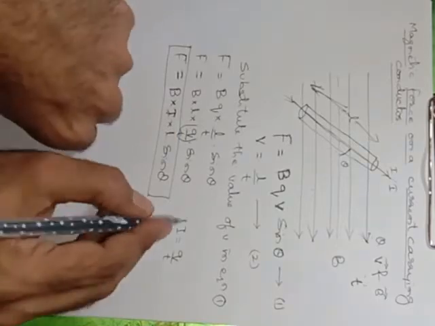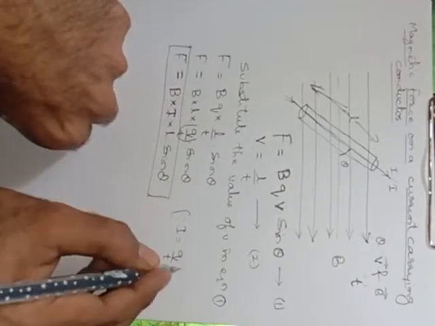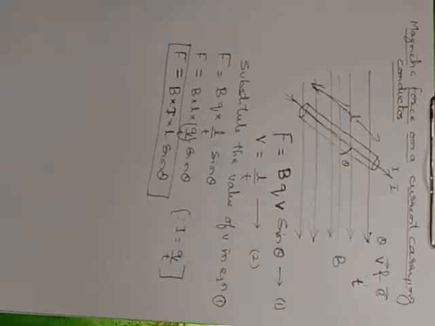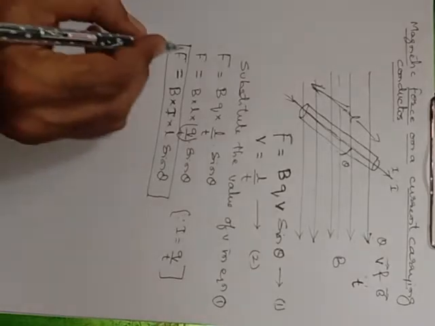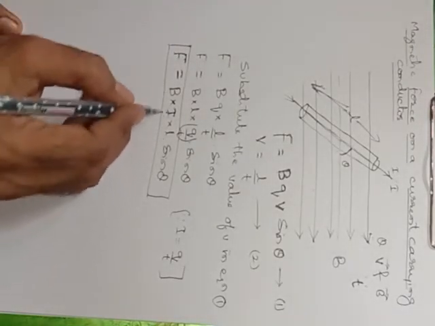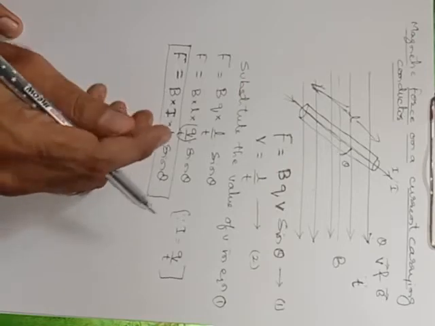Already in the previous chapter we have seen current is given by Q by T, I is equal to Q by T. So when I is equal to Q by T, this formula will become F is equal to B I L sin theta. So this formula is completed.